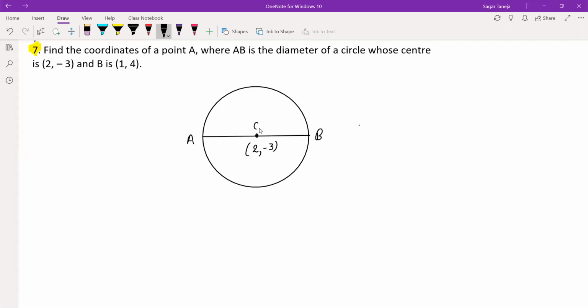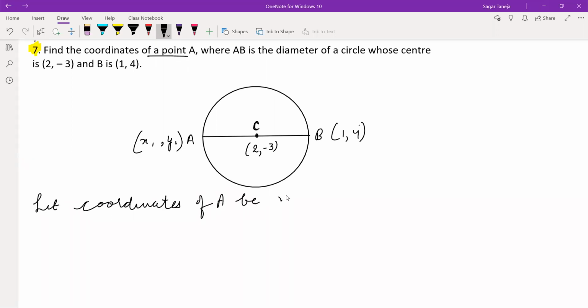Let this point be point C. B is 1 comma 4, and we have to find the coordinates of point A. Let coordinates of A be x1 comma y1.